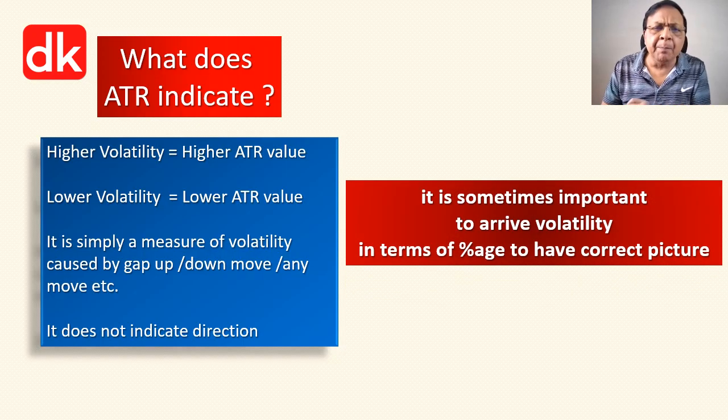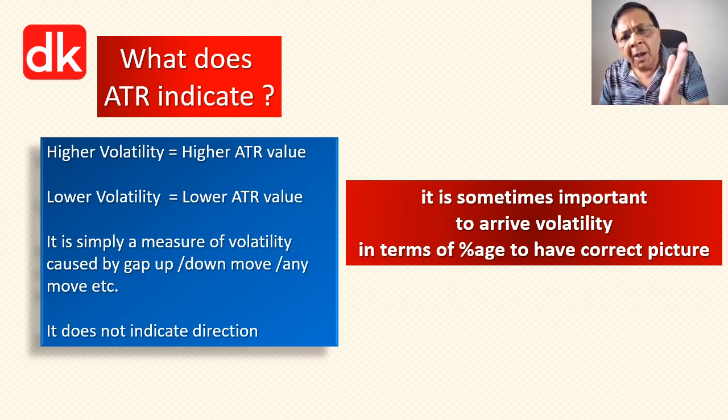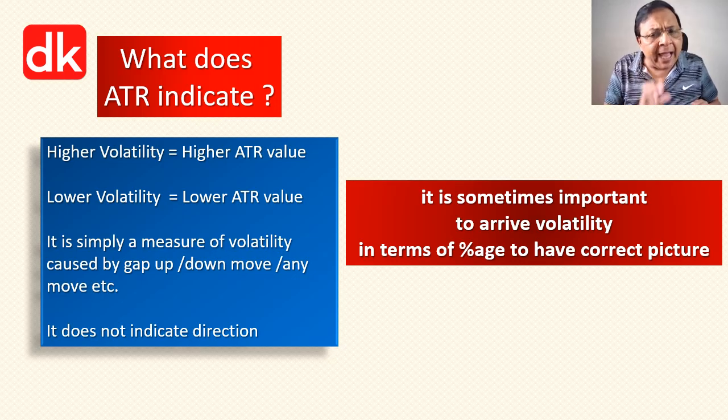Sometimes it is very, very important to arrive at the volatility in terms of percentage to have the correct picture, because each stock and each index will have different volatility. And if we only calculate the volatility in terms of its value, then we may not have a correct picture. If the true range is 10 in a stock of 100, it is quite large.